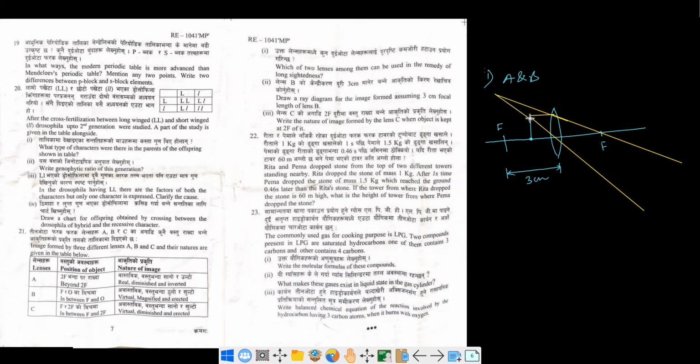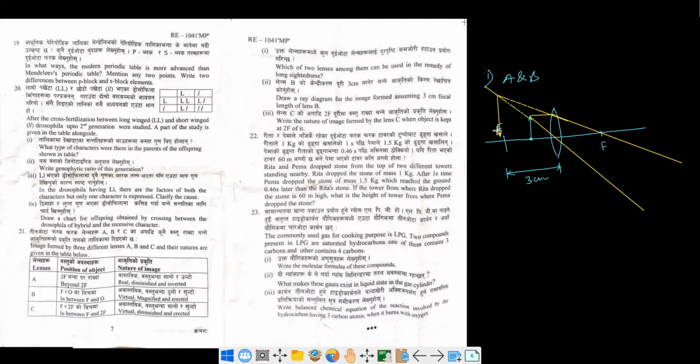So let me just draw this way. They are going to intersect somewhere here. So the upper part is obviously virtual. So we have to draw the virtual one. So this is how the image is going to be formed. Okay, so the virtual image, a bigger virtual image.